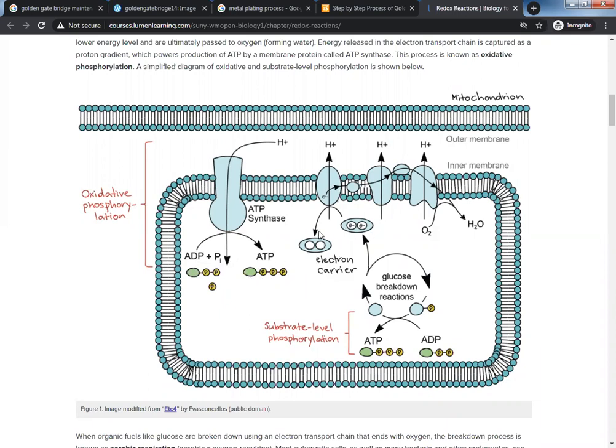So you see here what they call electron carriers. This process of losing and gaining electrons, which we will define shortly, enables the cell and the mitochondria to produce energy and power your cells.